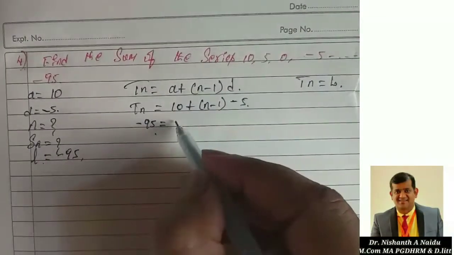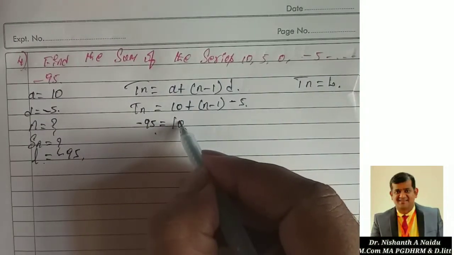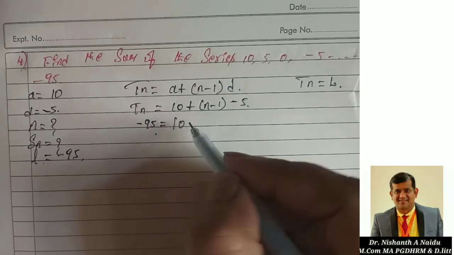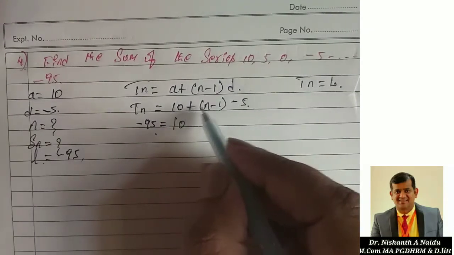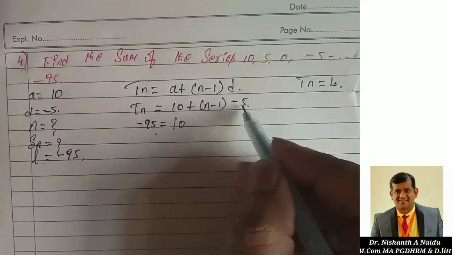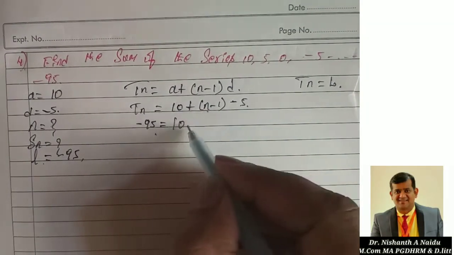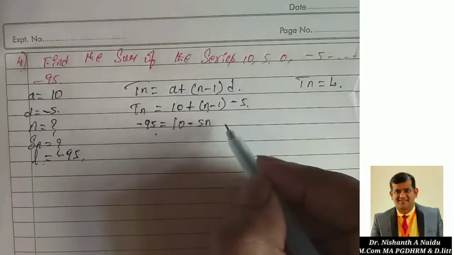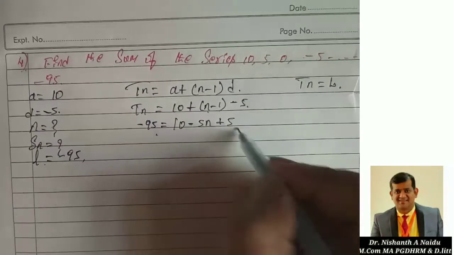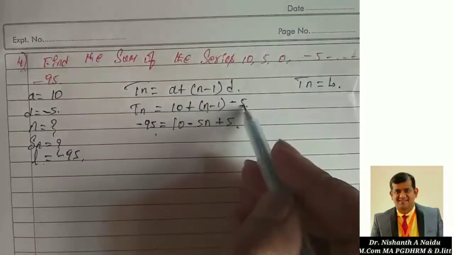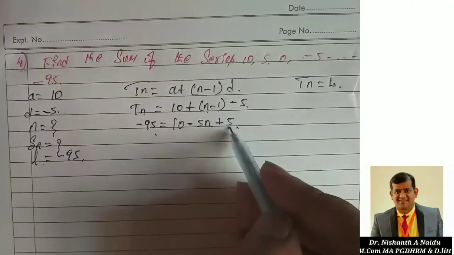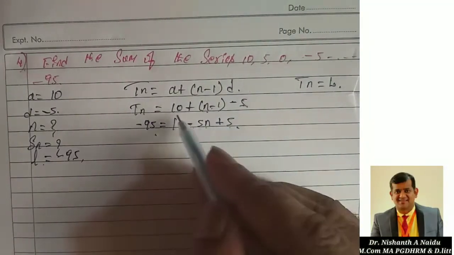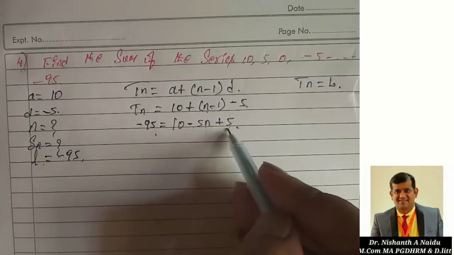So minus 95 equals 10 plus n minus 1 into minus 5. Minus 5 n's are minus 5n, and minus into minus is plus, 5 ones are 5. So we get 10 minus 5n plus 5.